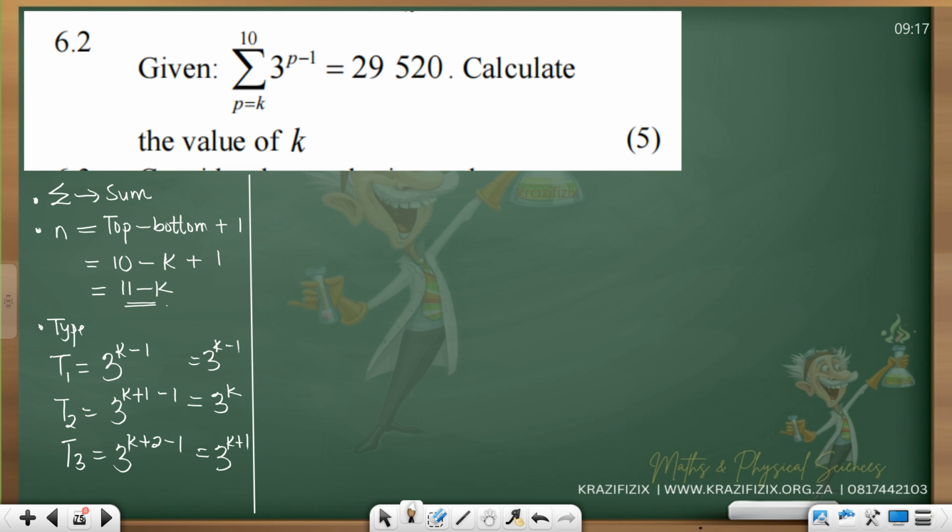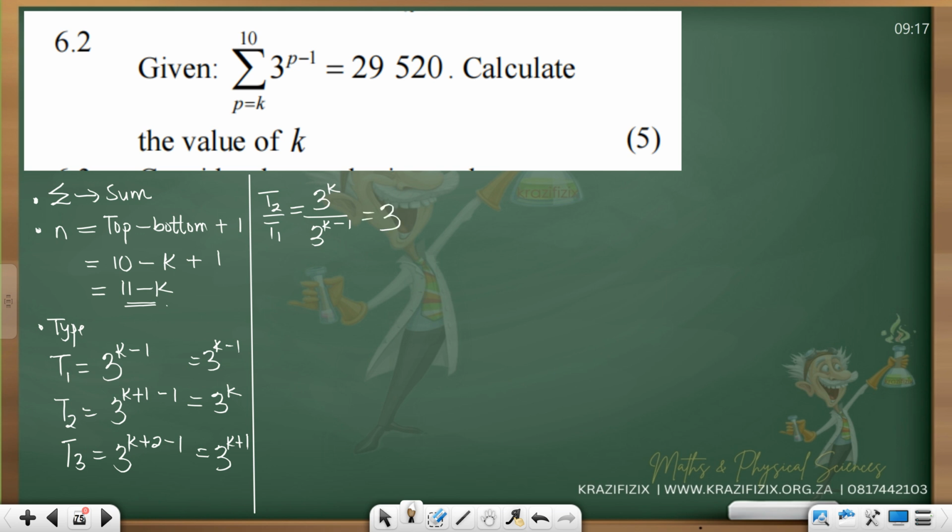Now let's check. What is my ratio? T2 over T1. 3 to the power K plus 1 over 3 to the power K. Now we go back to laws of exponents. When we are dividing with the same base, we subtract the exponent.